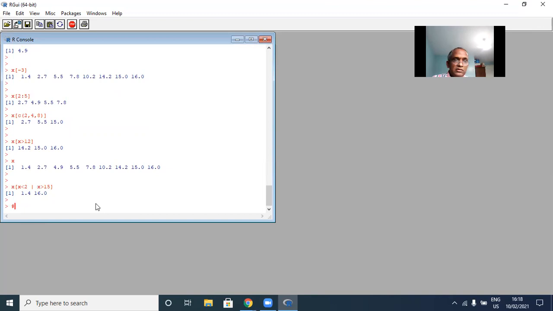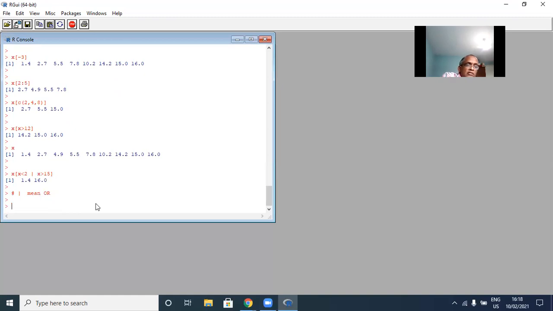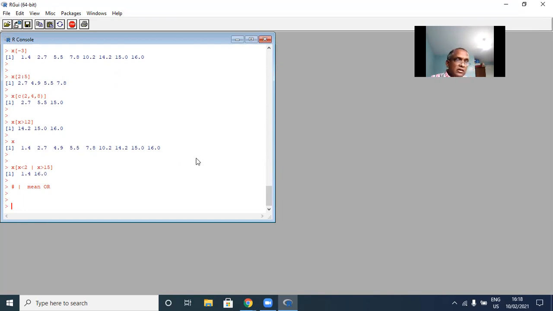So let me type again one more time. This means or, right? Okay, so this picks all the values in x which are less than 2 or greater than 15.